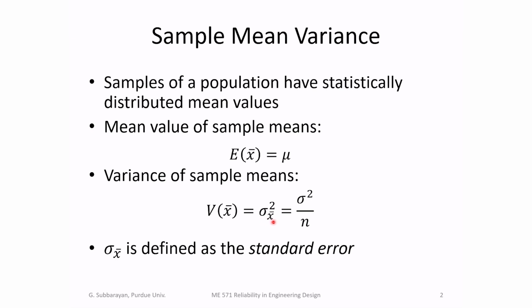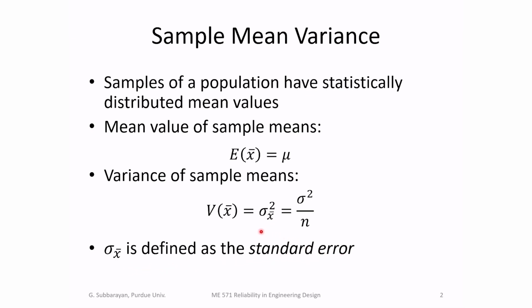We'll try to use S for standard deviation, but since it's common to use sigma for population standard deviation, we will use that wherever we have to refer to population standard deviation, as in this particular statement here. So the sigma x bar quantity here is what is defined as standard error.